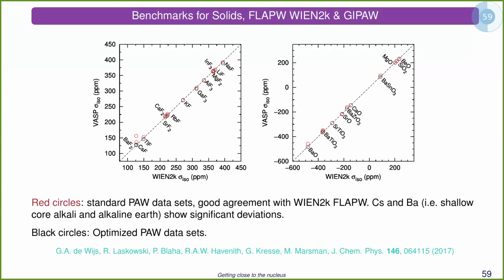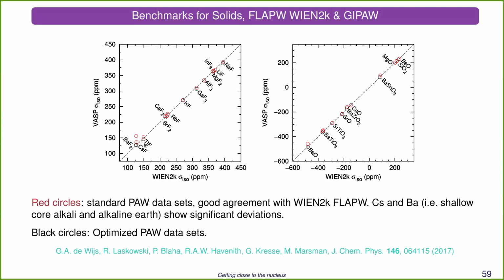And here you see the numbers of the two previous slides actually summarized. This is the all-electron Wien2k results that we use as a reference here. Over here you have the VASP results. The red circles are just with standard PAW datasets, standard potentials, and it is already pretty good. Unless maybe over here. And what is this? This is cesium and barium.